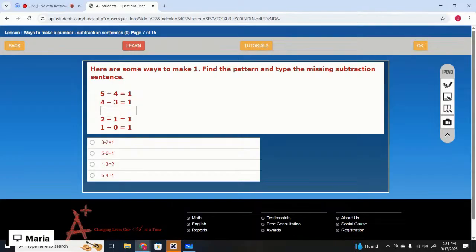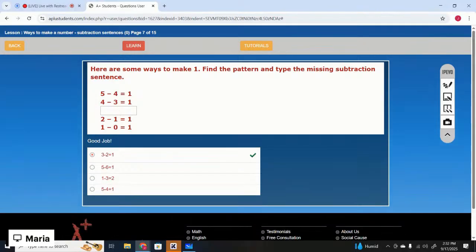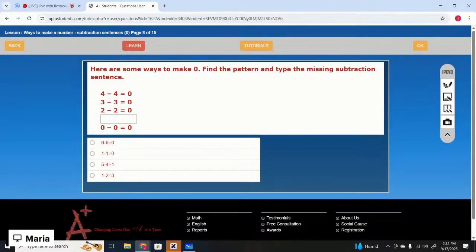Here are some ways to make 1. Find the pattern and type the missing subtraction sentence. That is 3 take away 2 is 1. Option number 1 is the correct option. Okay, you can complete the lesson by yourself later today.